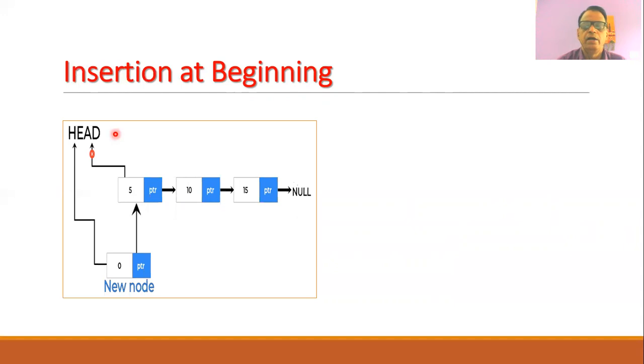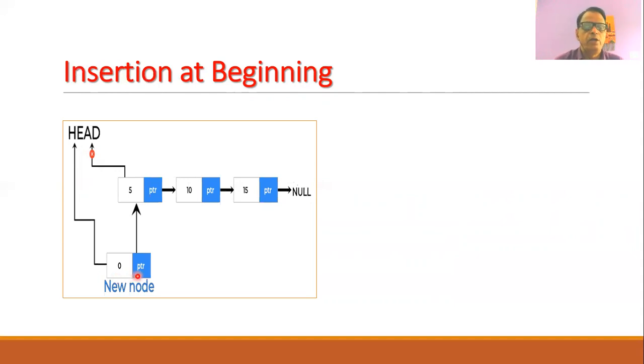And we have a head or start pointer, which points to the first element of the linked list. Whenever we want to insert an element at the beginning, it is necessary to break this link so that the head or start pointer will now point to a new node. That is, we should create a new node, and then assign a data value and a pointer value.